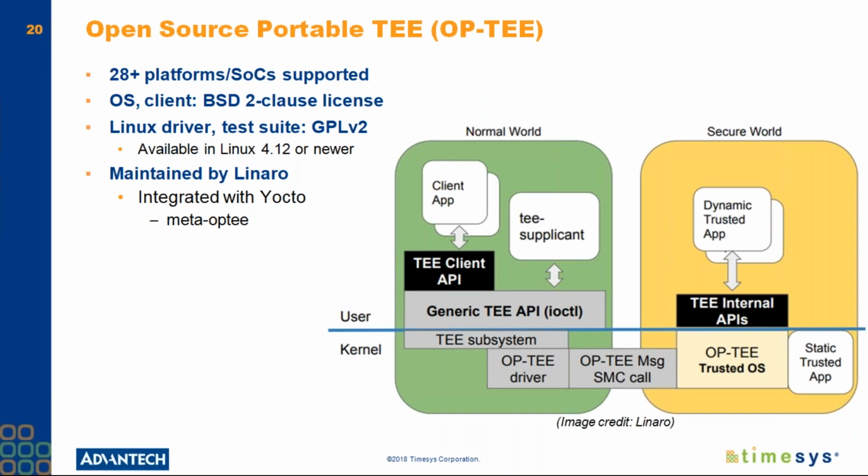So it's very easy to get a head start on using the Arm TrustZone and the trusted execution environment using OP-TEE. It also has very good Yocto support. So you just need to include the meta-optee layer and then specify which machine type or which board you plan to use. And it's going to build the operating system for you and generate the binaries. And all you have to do is load the binaries and then develop your trusted applications.